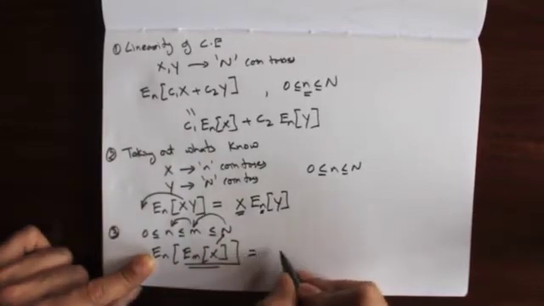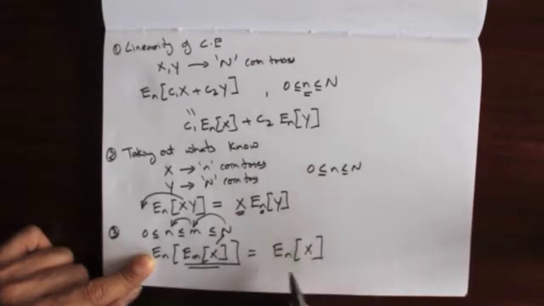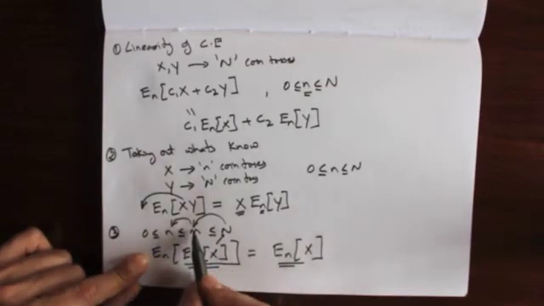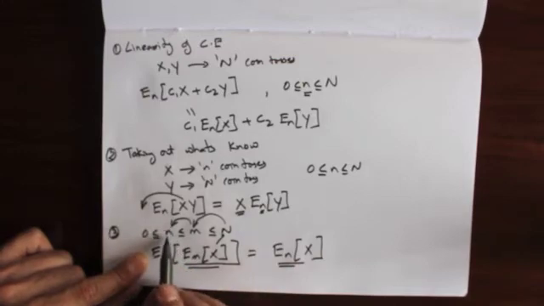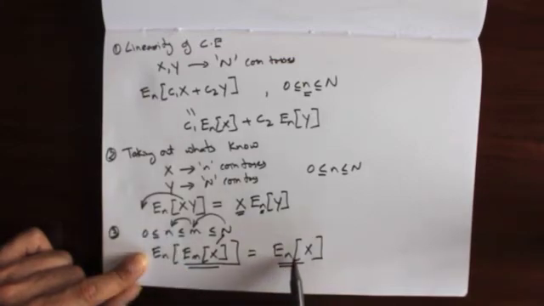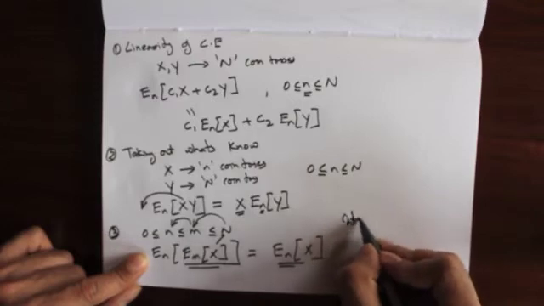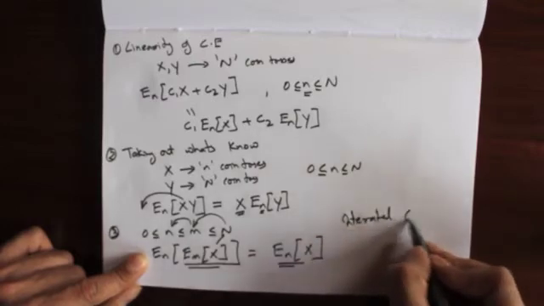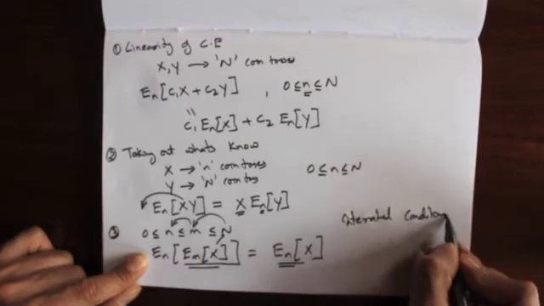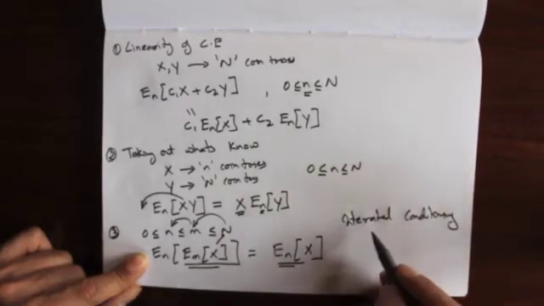What this property says is this is simply equal to the expectation at time n of that random variable. So instead of taking the expectation at m and then taking that expectation at time n, we can directly take the expectation at time n of that random variable. This is called iterated conditioning.